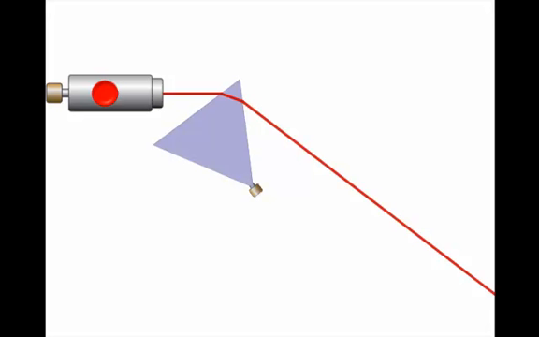What we're showing here is a red laser beam that's going from air through a glass prism. I can change the color in this simulation of the laser beam, change its wavelength and therefore its frequency by moving the slider back and forth.